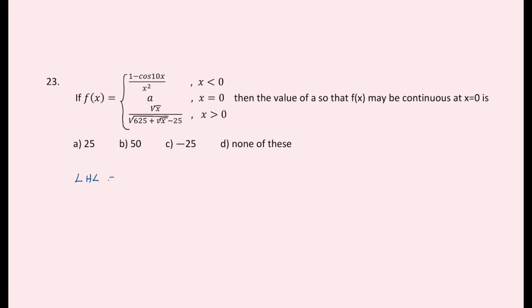Let us do LHL. Limit x tending to 0 minus. For 0 minus, we use the less than 0 definition, which is 1 minus cos 10x upon x square. Let us use the trigonometric formula. 1 minus cos 10x is 2 sine square half of this angle, which is 5x, divided by x square.